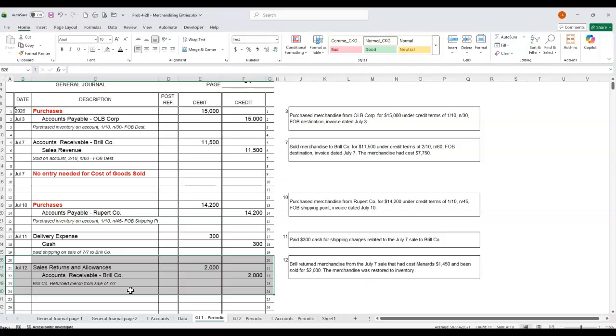So the entry is going to be the same as you would do for the perpetual method. The revenue part of it would be debit sales returns and allowances, credit accounts receivable Brill for $2,000 on the 12th. Now the $2,000 is what we sold it for. This $1,450 is what it cost us.